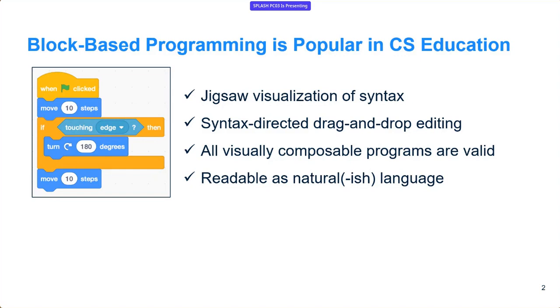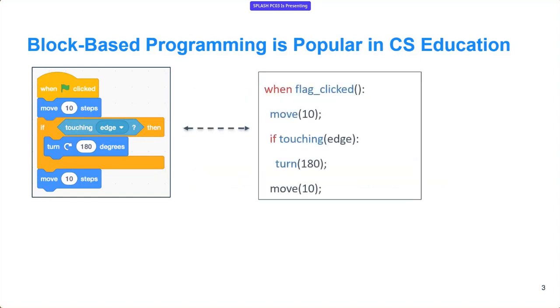And also block-based programs try to be readable as sort of natural language, as a best effort, I would say. It's not like natural language processing, like you can write whatever you want, but it's trying to avoid abstract program syntax and going more for intuitive icons or text that represent the semantics of the program.